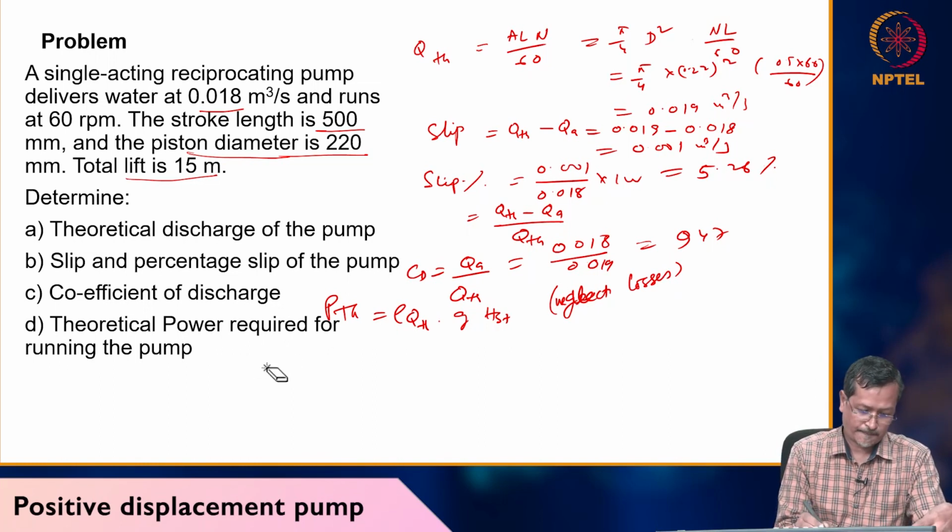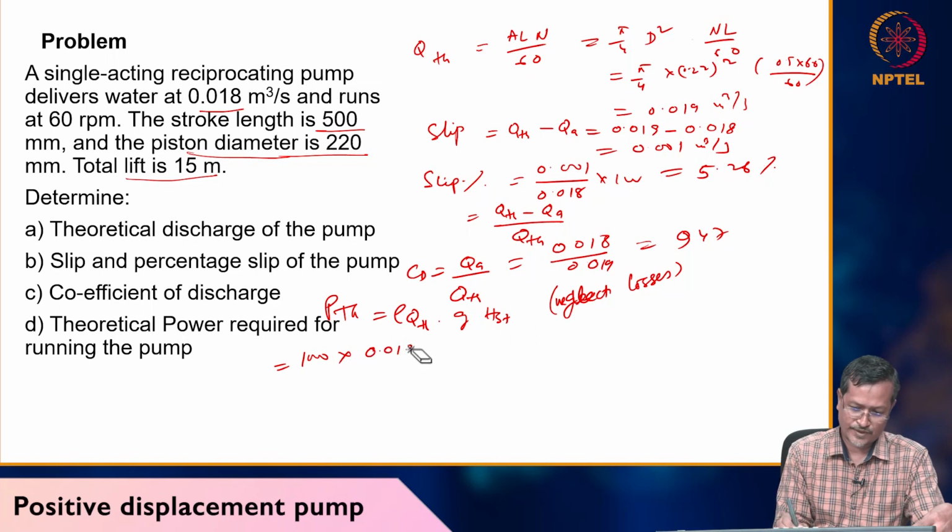So P theoretical power equals rho Q theoretical into g H, static, neglect losses. Okay, so it is coming like 1000 into 0.019 into 9.81 into 15. It is giving 2796 watt equals 2.8 kilowatt.